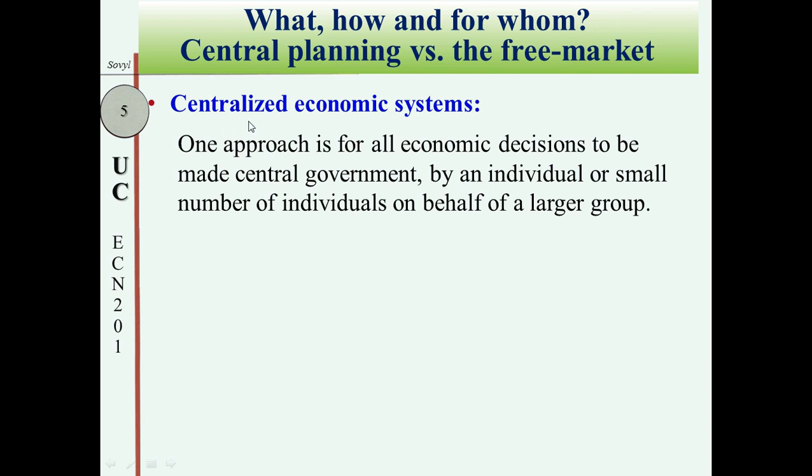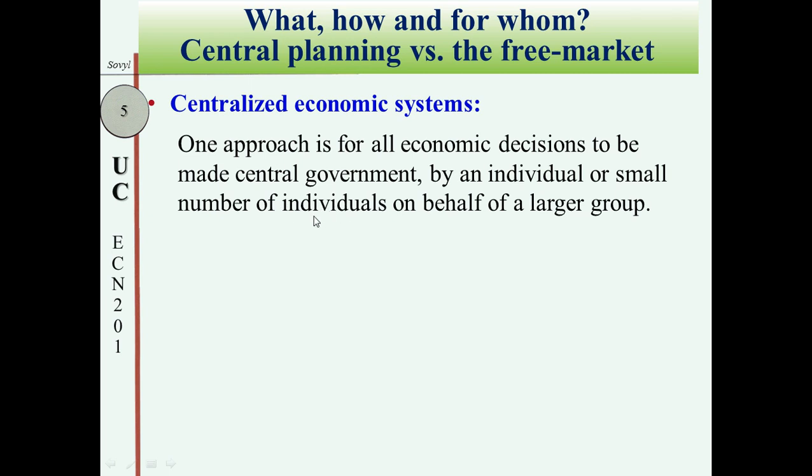So centralized economic system refers to a system in which all economic decisions are made by central government. Central government should be only one person, prime minister or president, or maybe a group of small people. Ministries have many people there, but not compared with the country as a whole.